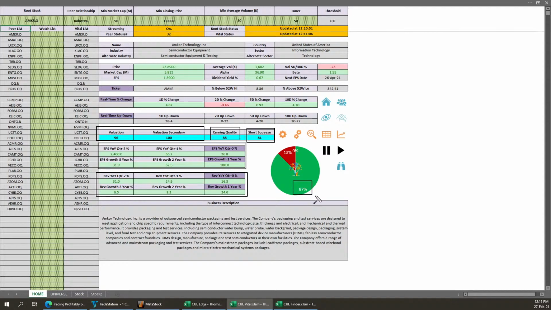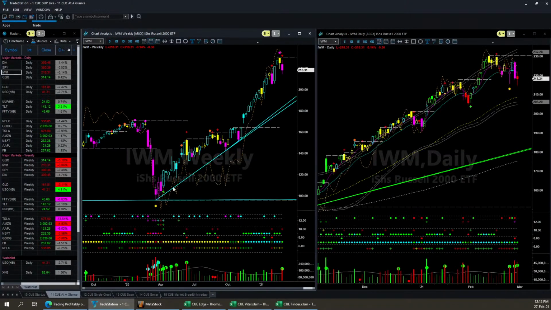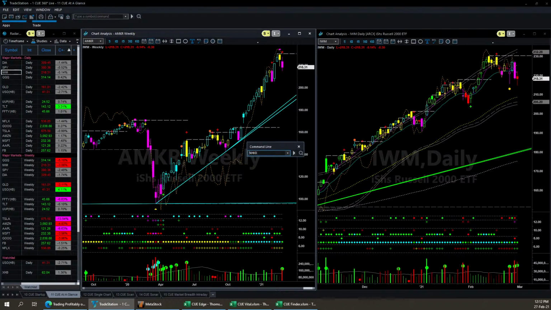On Friday, on a weak market day, 87% of the stocks in its industry, semiconductor equipment, went up. Great fundamentals. And I could read many signals from the sonar, and let's look at the stock now on Q charts.